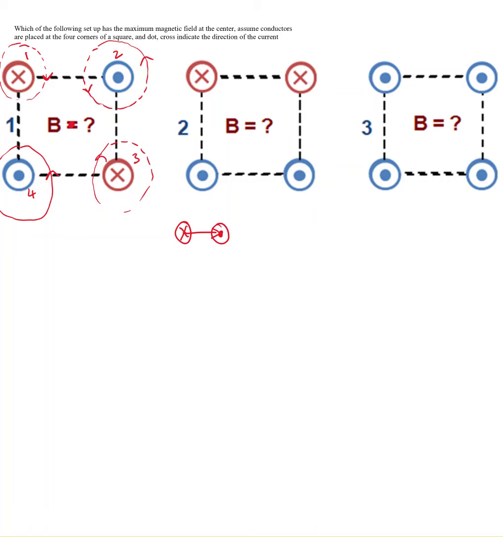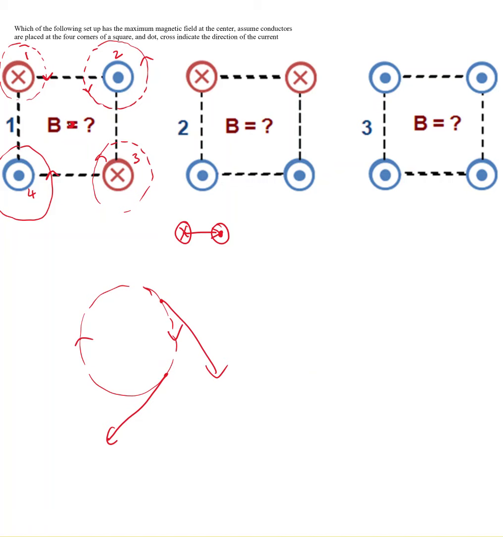Remember, the magnetic field is always rotating around the conductor, but the magnetic field at any point is tangent to that circle. I may not be drawing it perfectly, but that's the idea.